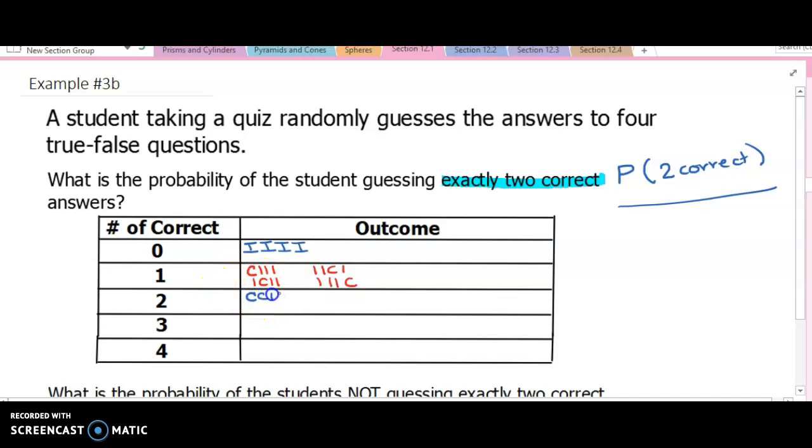So correct, correct, incorrect, incorrect, correct, incorrect, correct, incorrect, correct, incorrect, incorrect, correct. Or incorrect, correct, incorrect, correct, incorrect, incorrect, correct, correct. Whew, that's a mouthful. Am I missing one on there? I am missing one. The 2 middle ones could be correct.